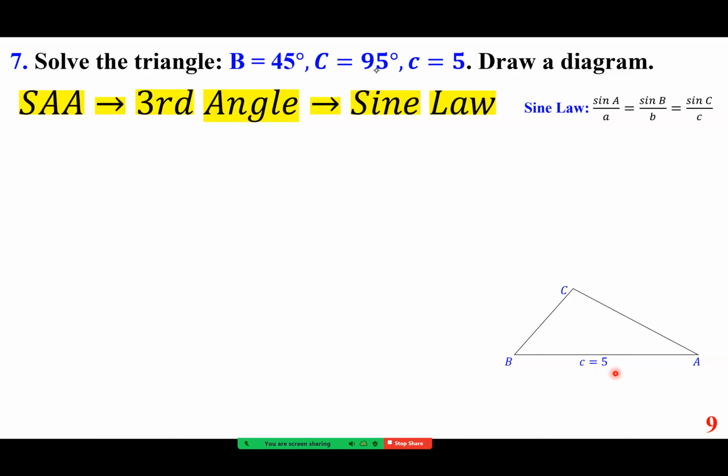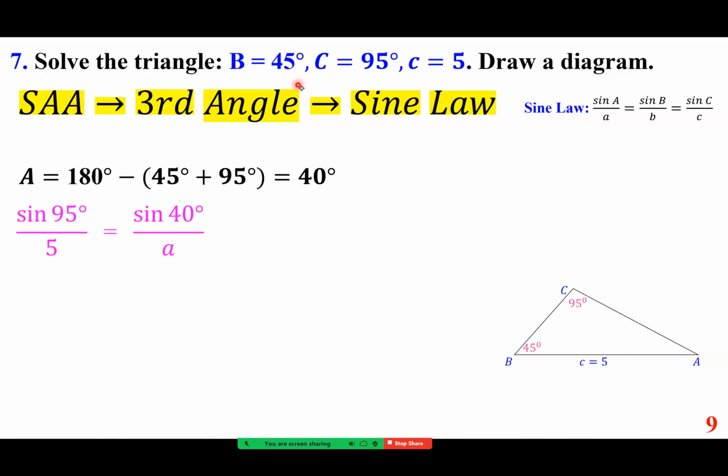And so the very first thing, add them up, subtract from 180. That would be the two angles given, and the last one is 40. Okay, so this one is 40 now.